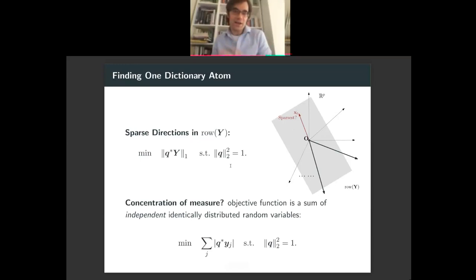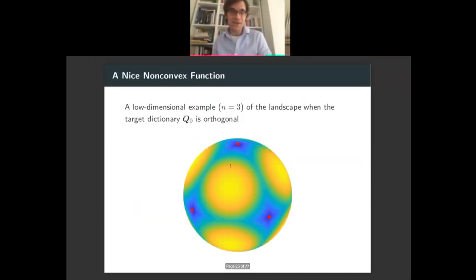Okay, and it turns out in our model, the objective function is random. This is what the population objective function looks like. This is its expectation with respect to the data. And you can see here, this objective function is kind of like an L1 norm over a sphere, right? The constraint set is a sphere.